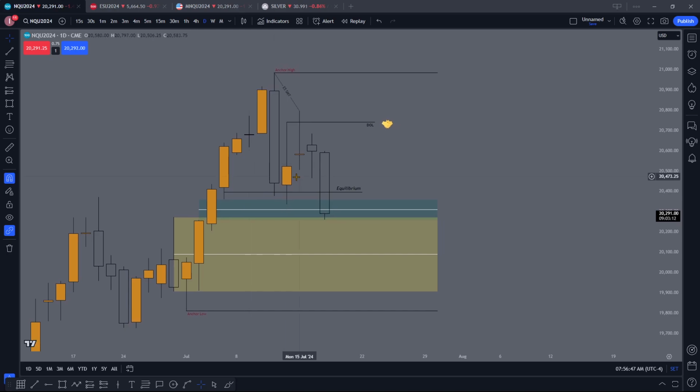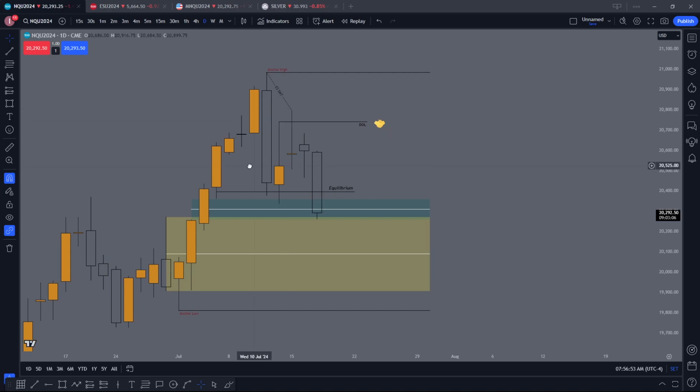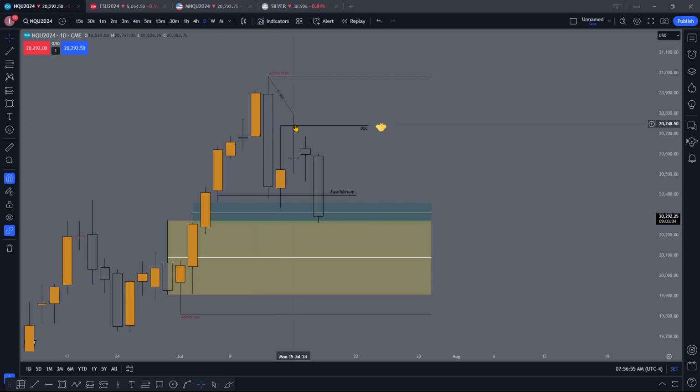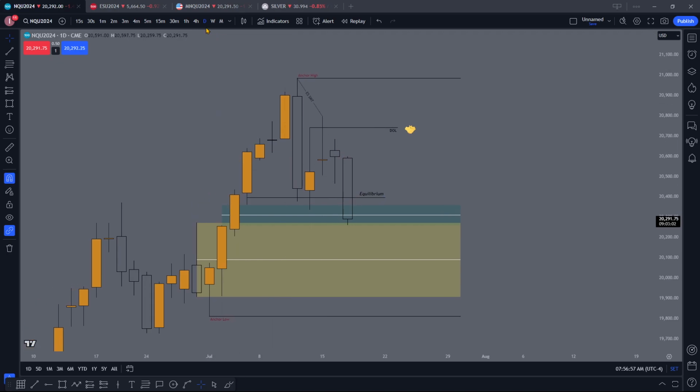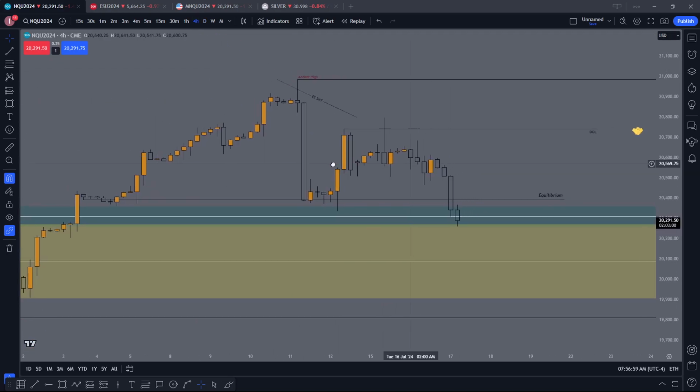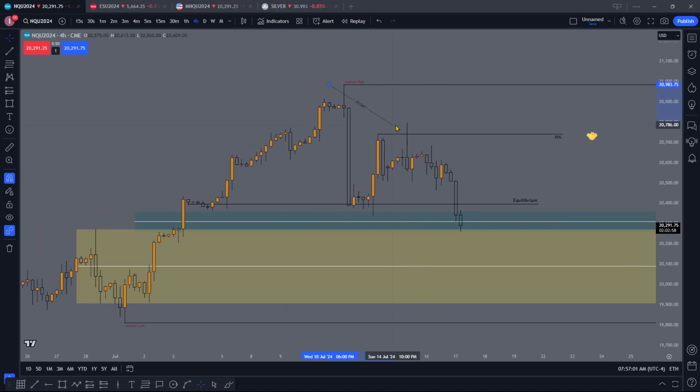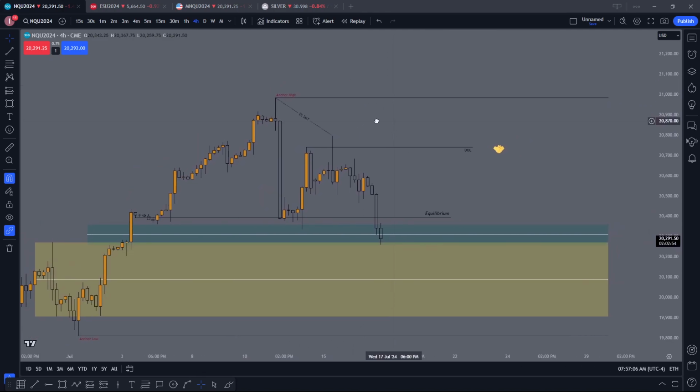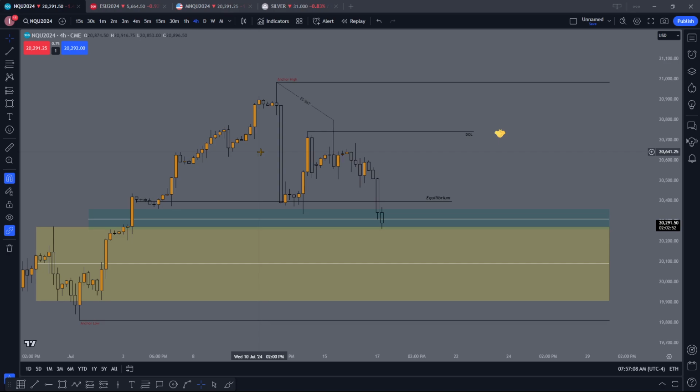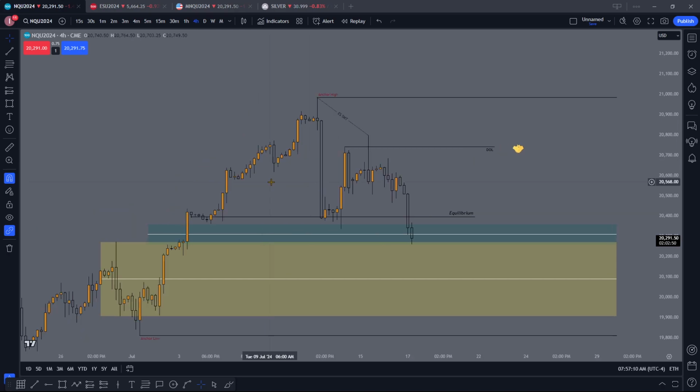We first take out low resistance within this candle's high here, since this was all low resistance. And then we start dropping lower, getting deep into this price action if we go to the 4-hour. You can see how this really plays out in the lower time frames.